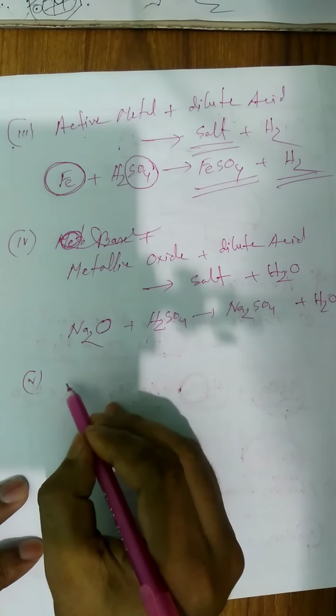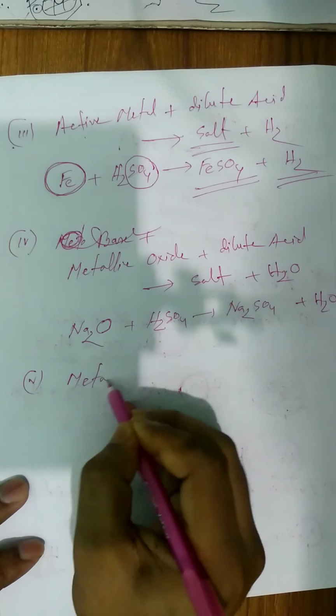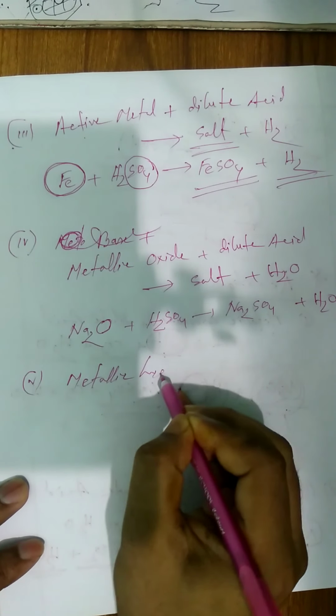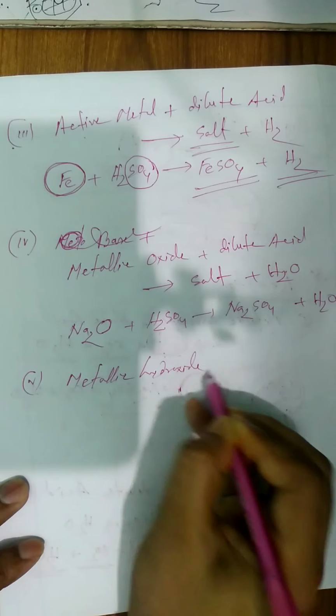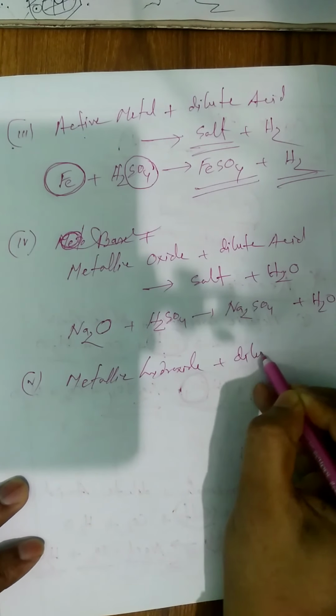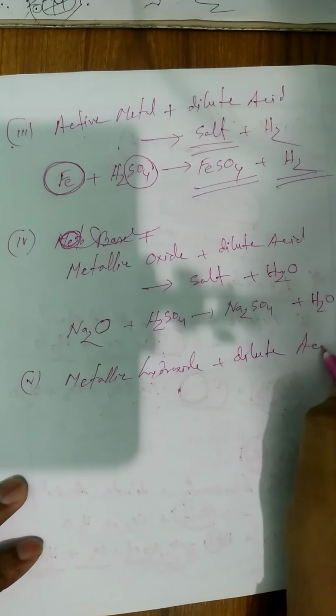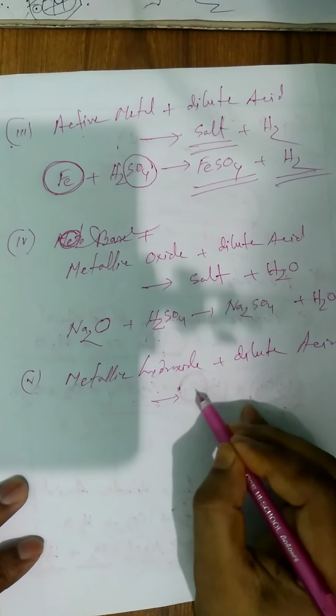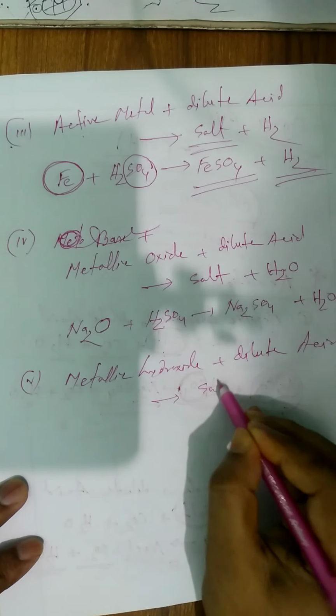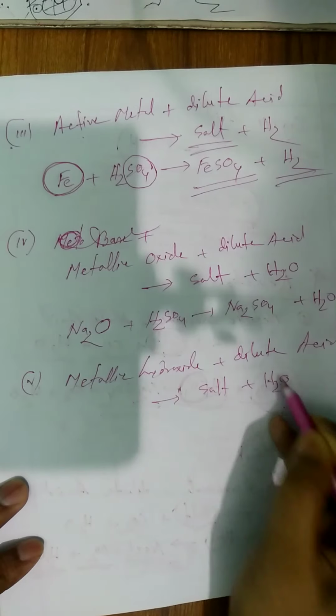Similarly, rule number 5, metallic hydroxide plus dilute acid gives, similarly, salt plus H2O.